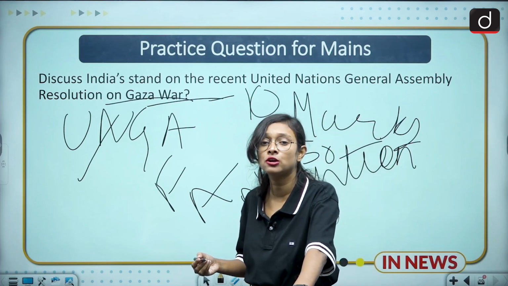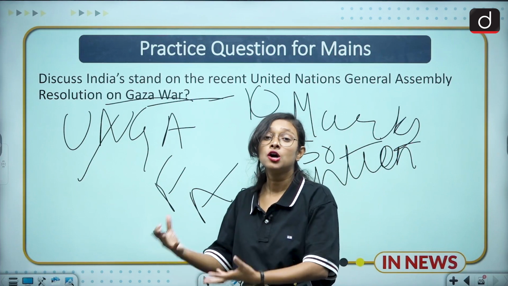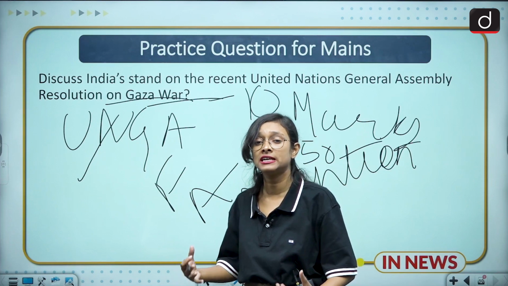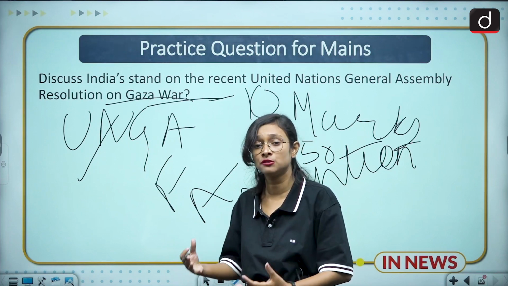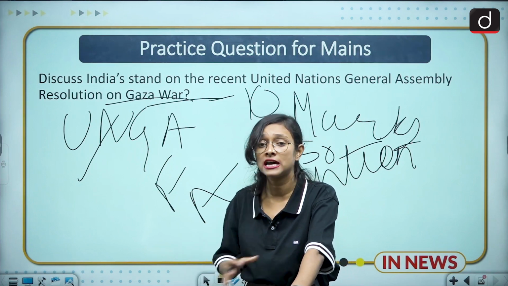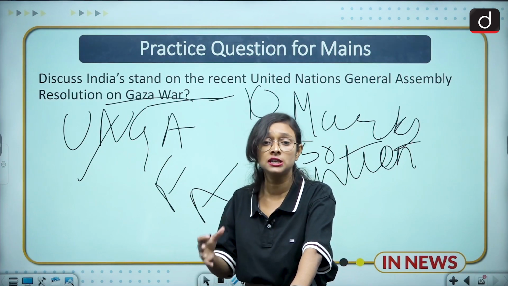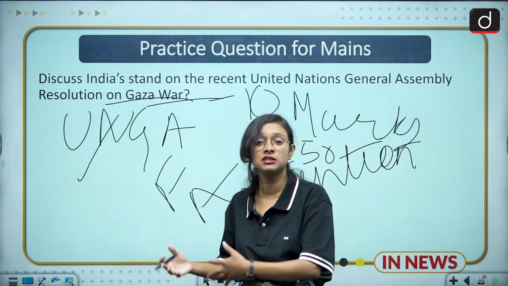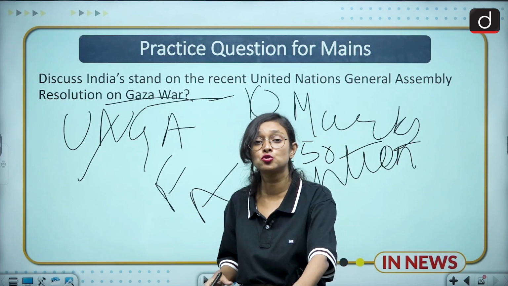In this way, India also promoted democratic values all over the world, and it adopted balancing measures in which it did not provoke any country. Especially in this polarized world in which many countries are taking sides, whether with Israel or with Palestine, India chose to be neutral.